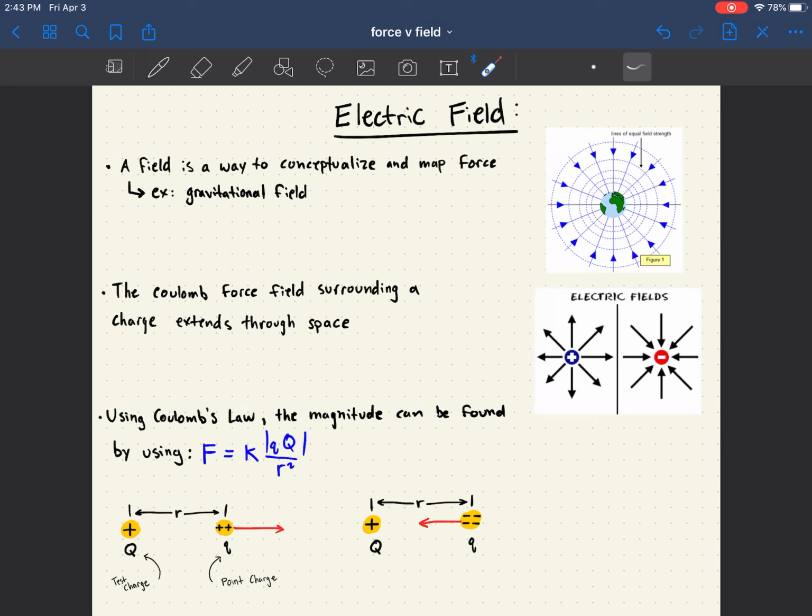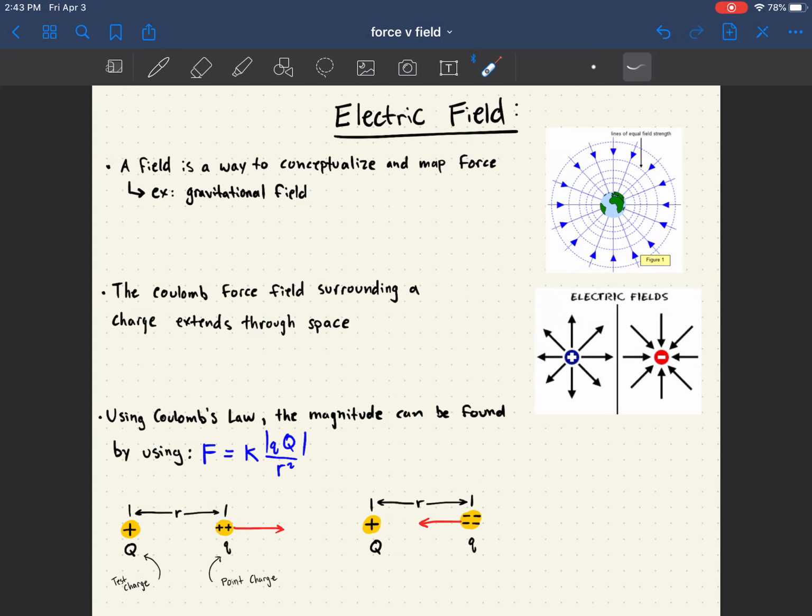So moving on, we can use Coulomb's law to figure out the magnitude of this force, and we can rewrite that equation a little bit to help us. Normally, we have what are called test charges, represented here by a capital Q, and we have point charges represented by the lowercase q.